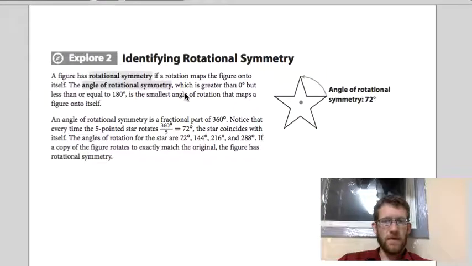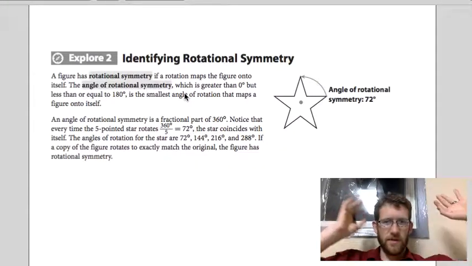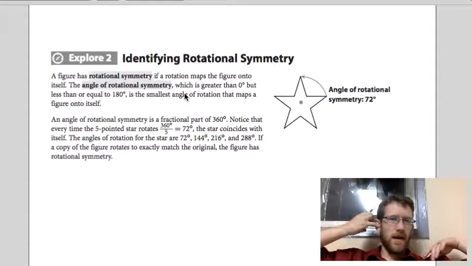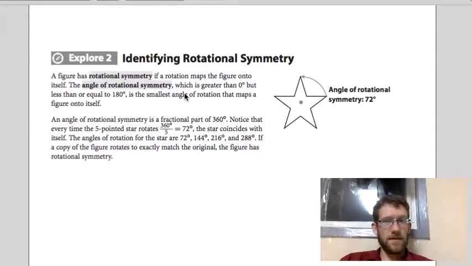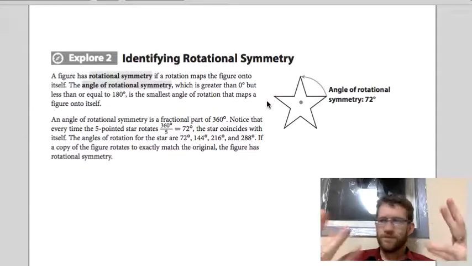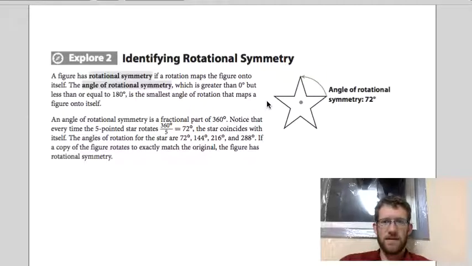Okay. The second part is rotational symmetry. Again, going back to our biology example, mammals and fish and birds and a lot of things have bilateral symmetry, but some things have rotational symmetry. Examples would be hydras and jellyfish and sea anemones and stuff like that.